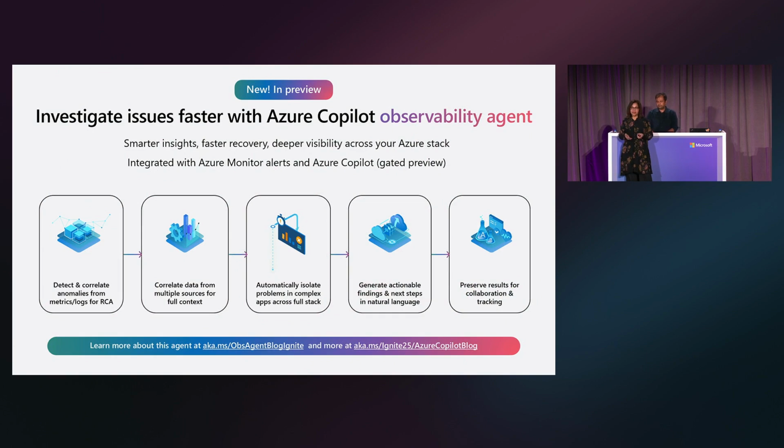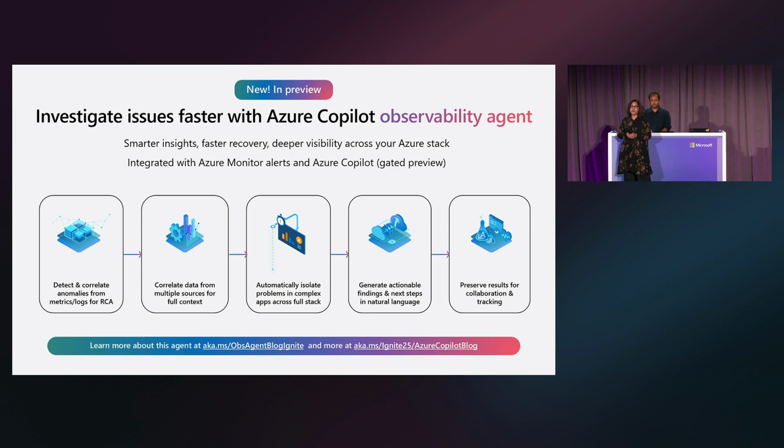So at this Ignite, we have lots of exciting announcements to make and capabilities that we're releasing. We're introducing a new observability agent experience, previously known as the Azure Monitor Issue and Investigate. This is available in preview with Copilot and Azure Monitor.